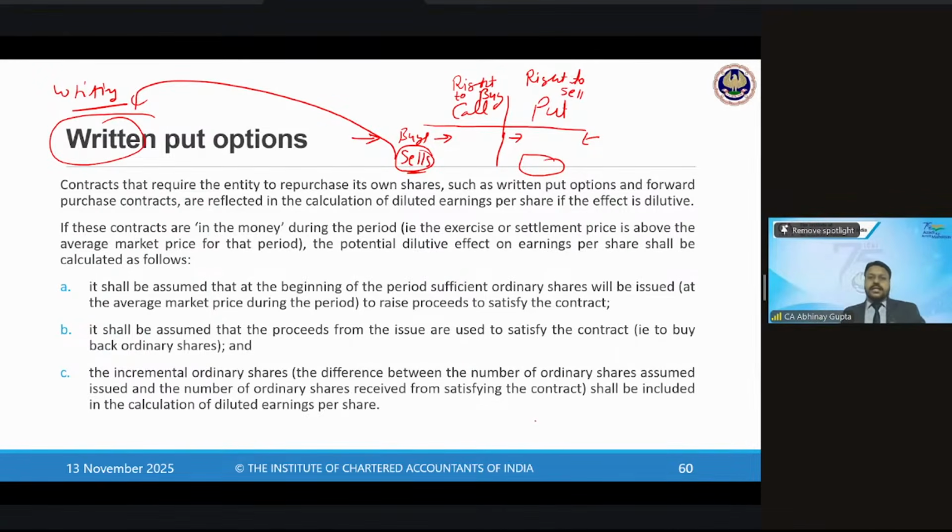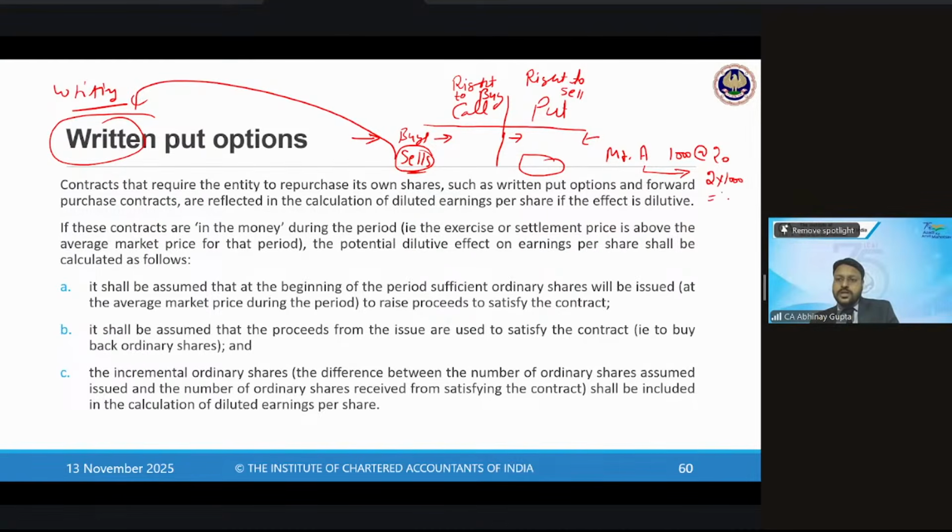Now, let's understand these four options first. Suppose Mr. A purchases a call option to buy 1,000 shares of the company at the rate of rupees 20, and the call premium he has paid is say rupees 2 for each option, into 1,000.